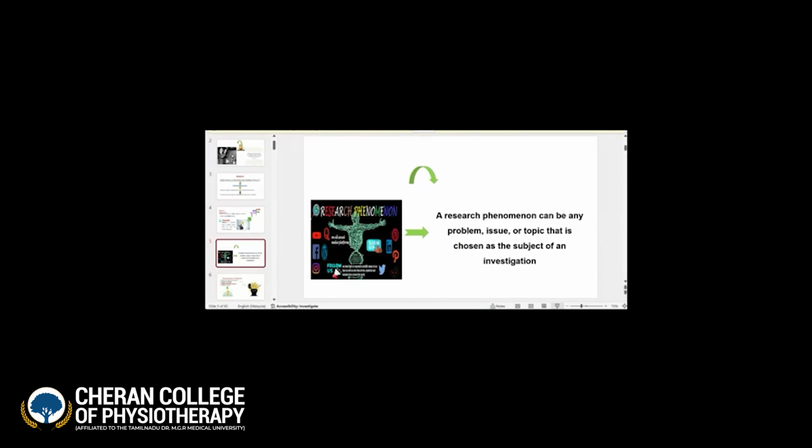For example, somebody wants to do research on osteoporosis, or on osteoarthritis, but doesn't know what exactly the research question is. So when you dig into it, the key components are osteoarthritis, physiotherapy management, recent evidence or evidence-based practices.